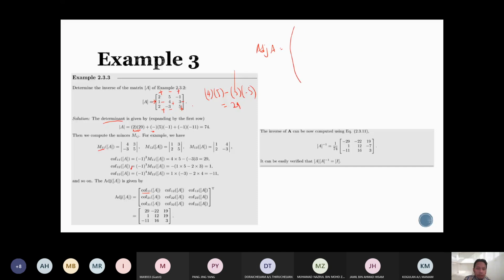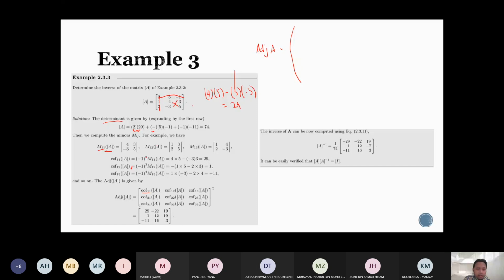To find the first element, you need to find the minor first. The minor is the determinant for the first element. So tutup ni and then find this determinant. That's the minor for M11, or the first element.